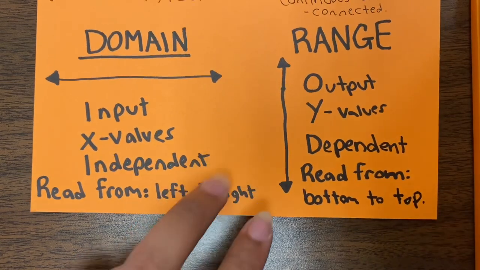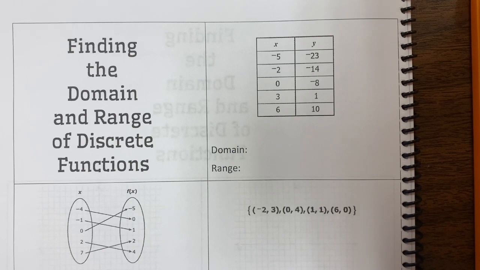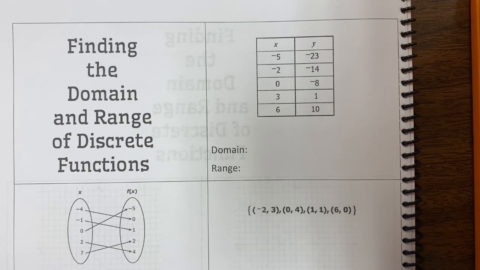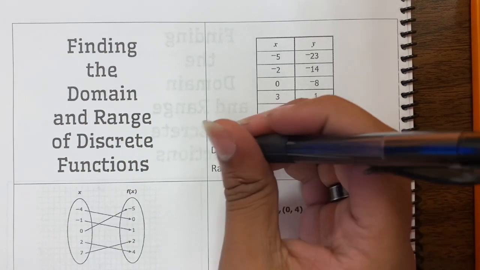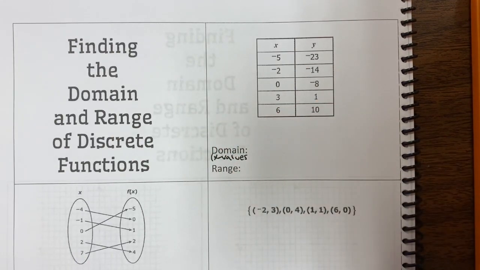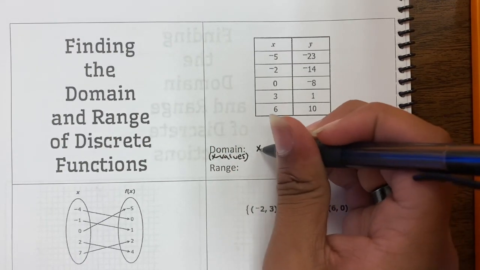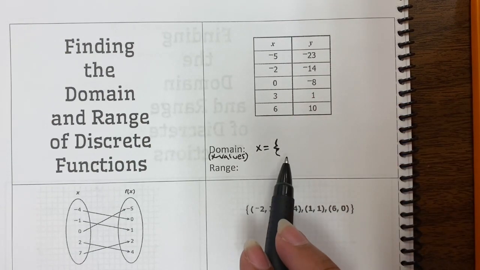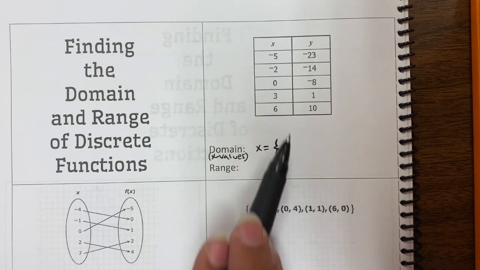So let's look at how we find and write the domain and range of discrete functions. So remember, these are just the dots. So these points only. So for domain, I'm going to use all the x values. So remember, domain are the x values. So I'm going to write this as x equals, and then the brackets, whatever this swirly thing is called.